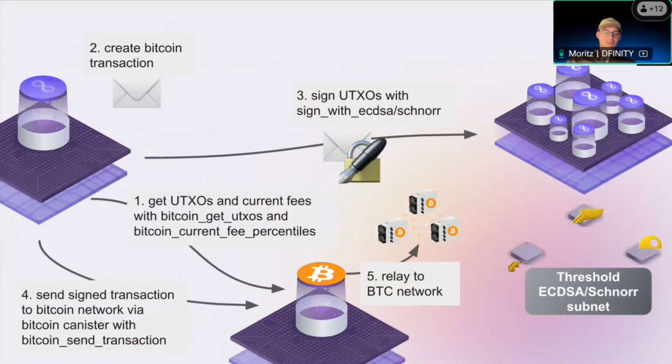And that's basically it. So this is how a canister is able to hold and send or control Bitcoin on the Bitcoin network without any intermediaries, without any bridges, and without any additional trust assumptions.